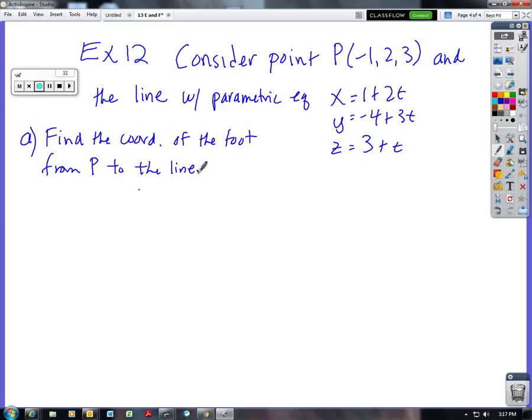Okay, so the first thing, well, again, we start with these the same way we always do them. We need to find the, sorry guys, my brain's a little slow. The dot product of the two vectors will be 0.